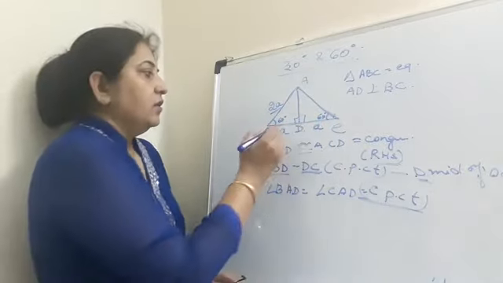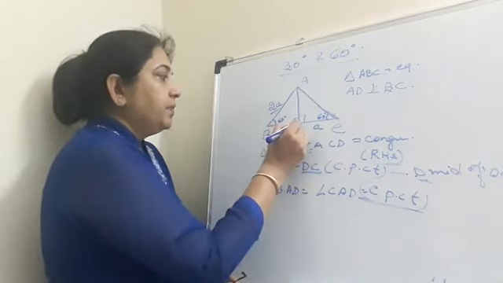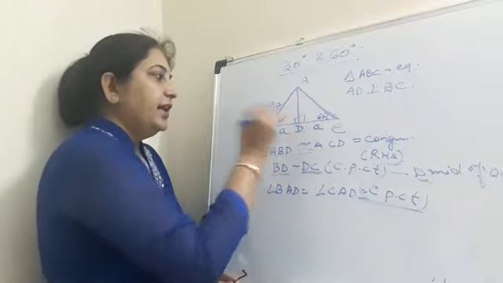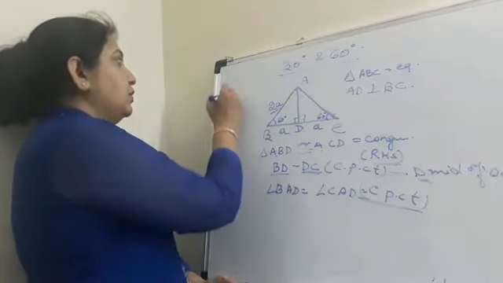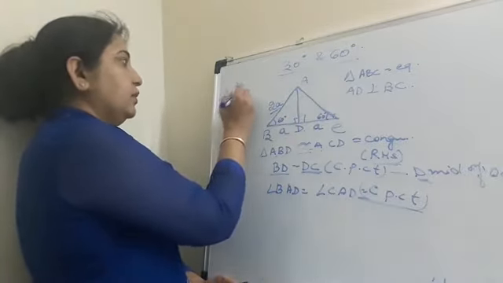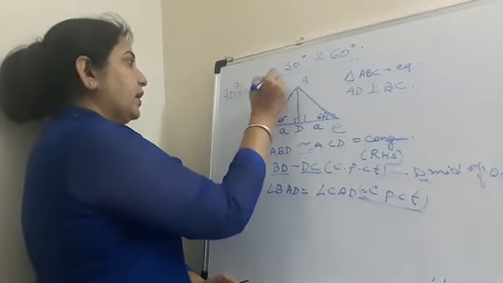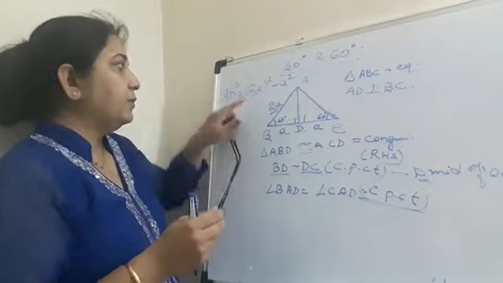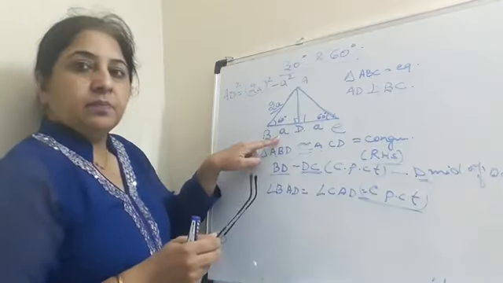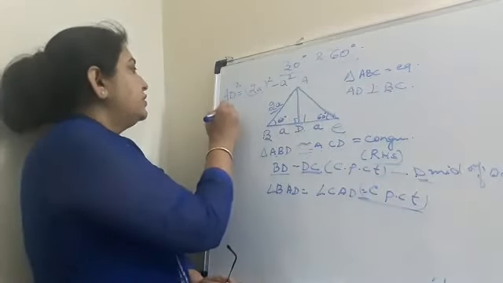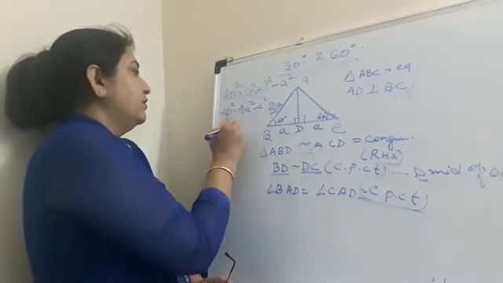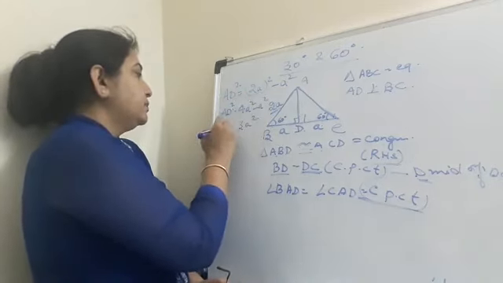Now we have got side BD, we have got side AB, now we can find AD. AD square is equal to 2A the whole square minus A square. That means we are subtracting the square of the given side from the hypotenuse. So AD square is equal to 4A square minus A square, which is equal to 3A square.